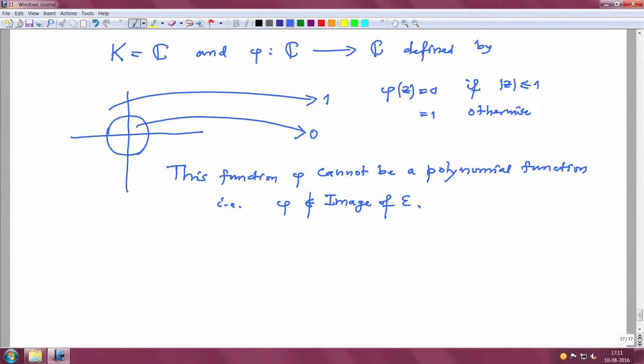Okay. I want to end this by giving only one definition. This terminology will also be very convenient to use later.